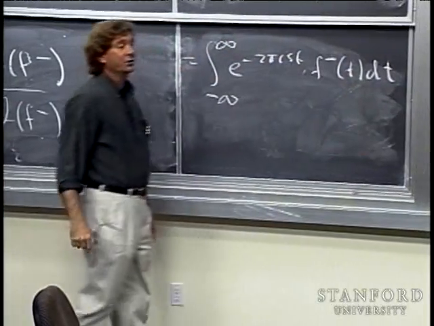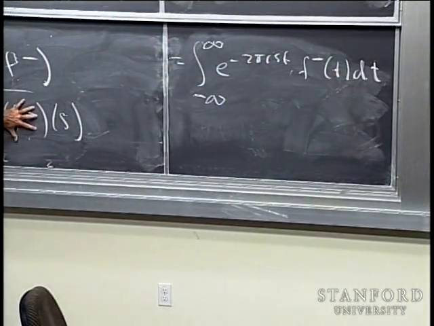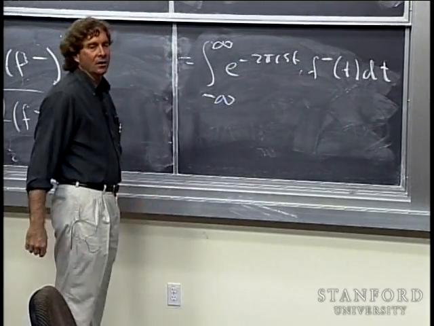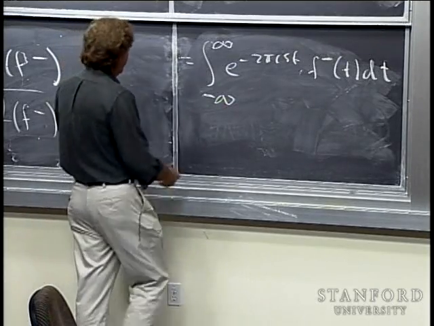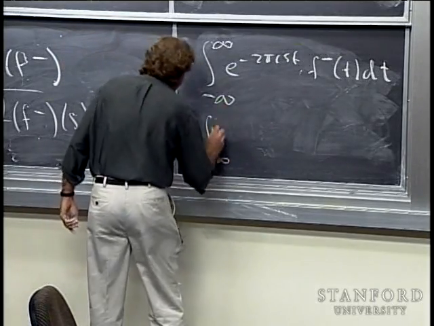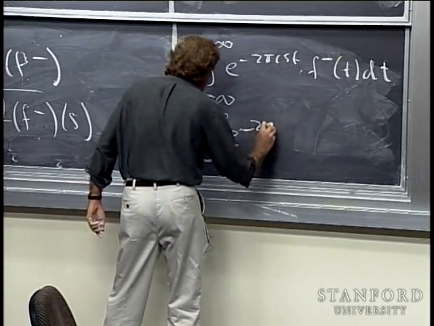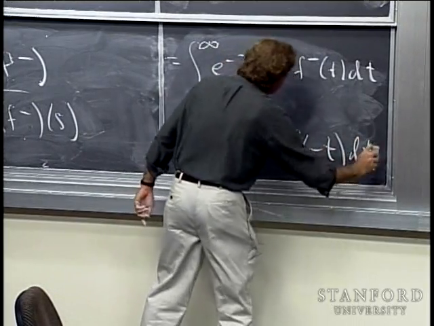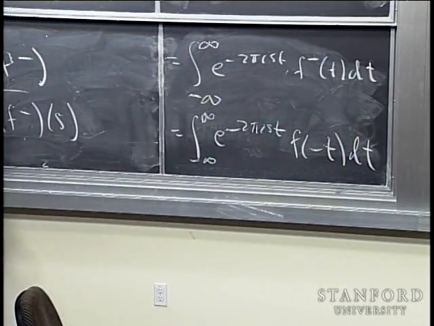That's by definition of the Fourier transform: whatever I plug in is what goes into the formula. In this case, it's f reversed. This is the integral from minus infinity to infinity of e to the minus 2 pi i st times f of minus t, dt, by definition.